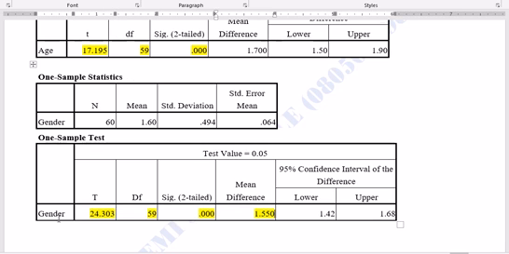Under gender, our t-test is 24.303. Our degrees of freedom is 59, since the sample is 60 and we just deduct 1. The significance level is telling us that we have 0.000.